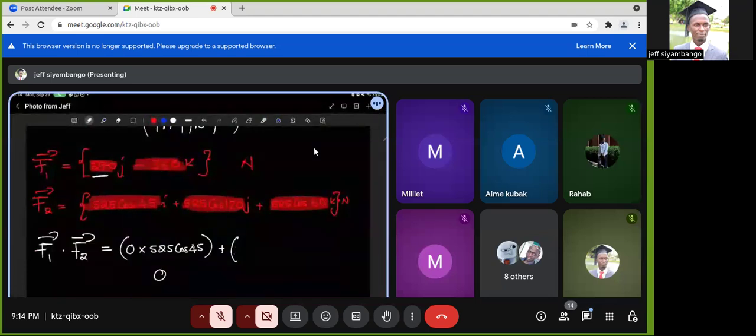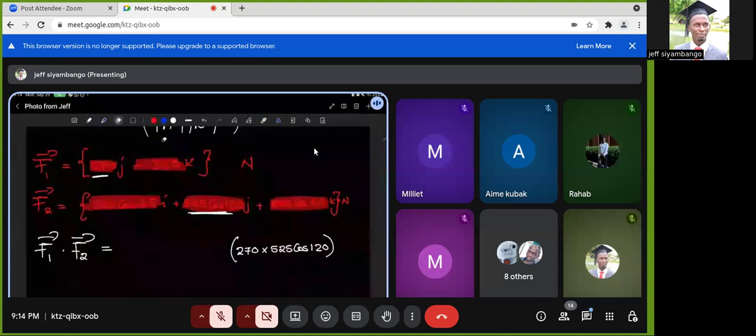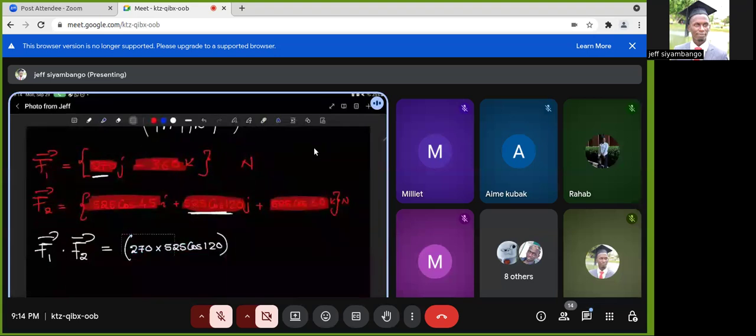From F1, the y part is 270. Remember, you're multiplying here. From F2, the y part is 525 cos 120. We know this is 0, so you might as well leave it out, so just say 0 here.